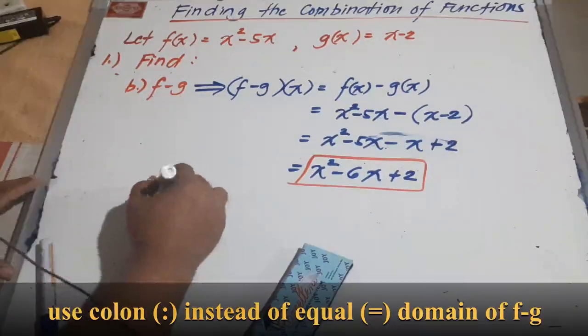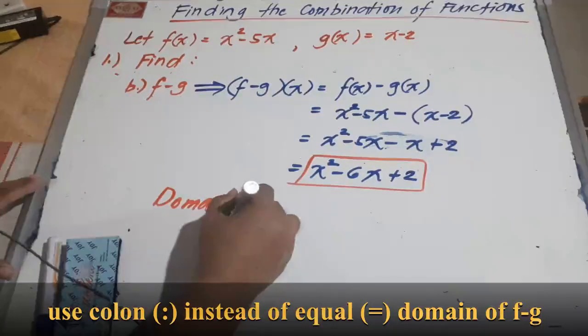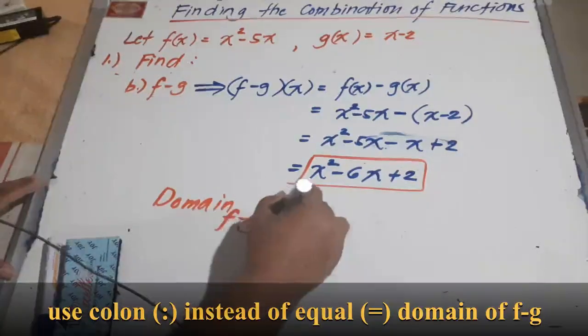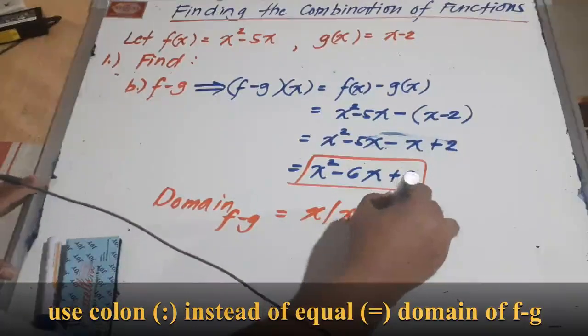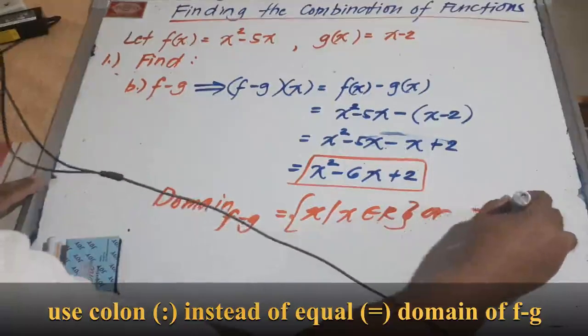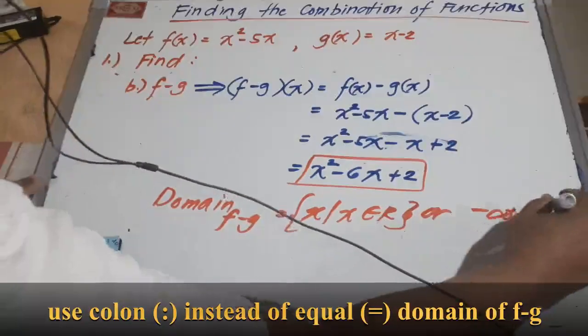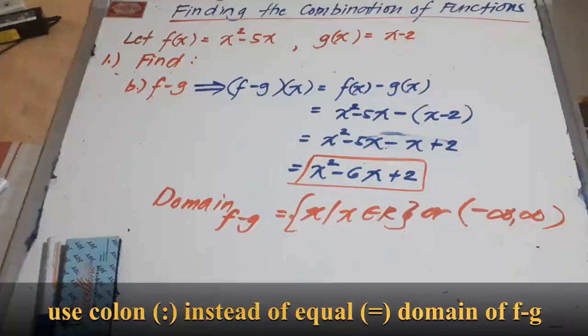The domain of the resulting function is x such that x is an element of real number. Or you can write interval notation, negative infinity to positive infinity. Okay? So that is the answer for number 1, letter B.